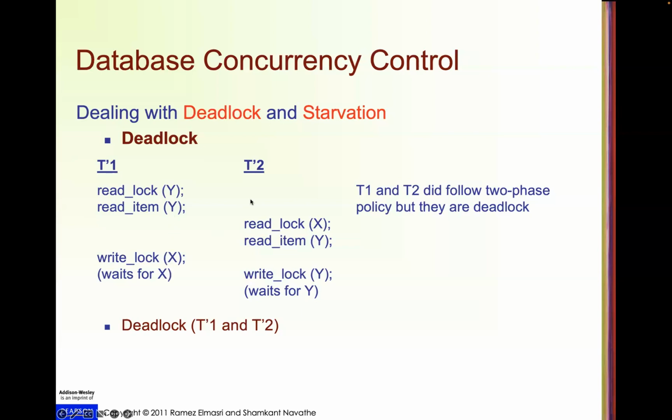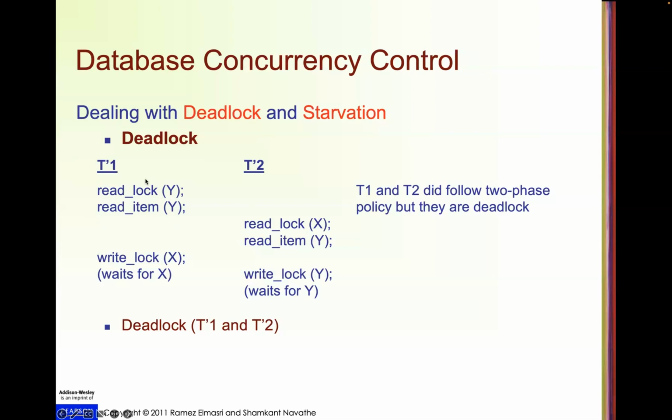After finishing the work, T1 will unlock X and unlock Y, and then T2 can start working on it. So even before T1 starts, it will lock X and Y, so that T2 can never take the lock on Y or X, so that T1 has to wait.